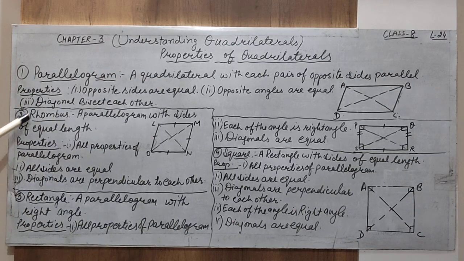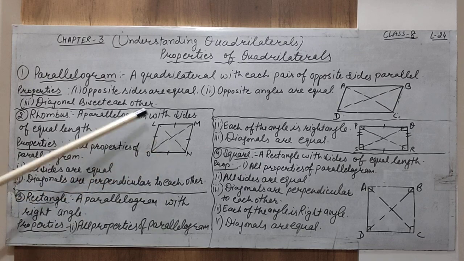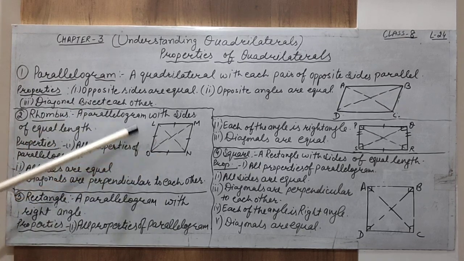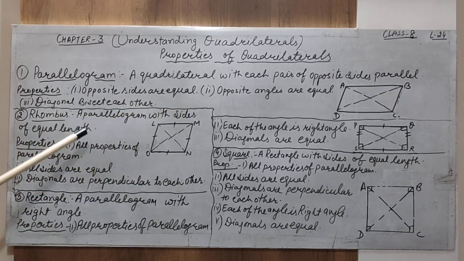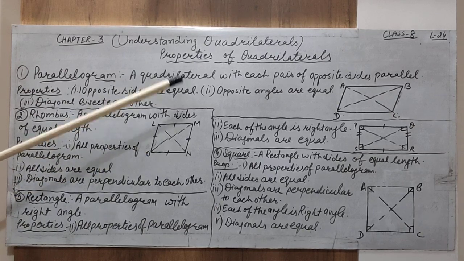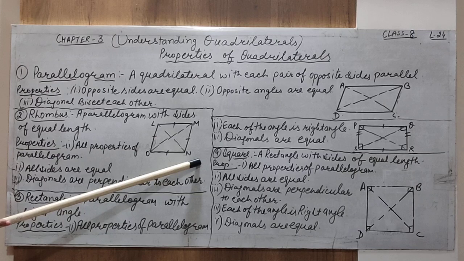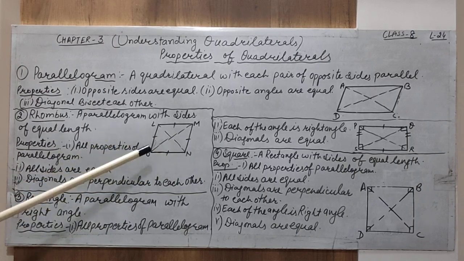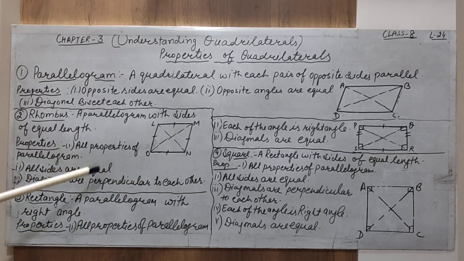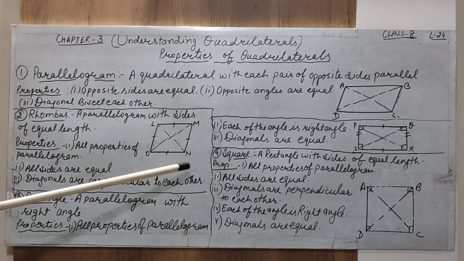Next is the rhombus, in which all the properties of the parallelogram are used. In a rhombus, all sides are of equal length. So in a parallelogram, opposite sides are equal, but in a rhombus all sides are equal. That is the first property. Second, the diagonals are perpendicular to each other.